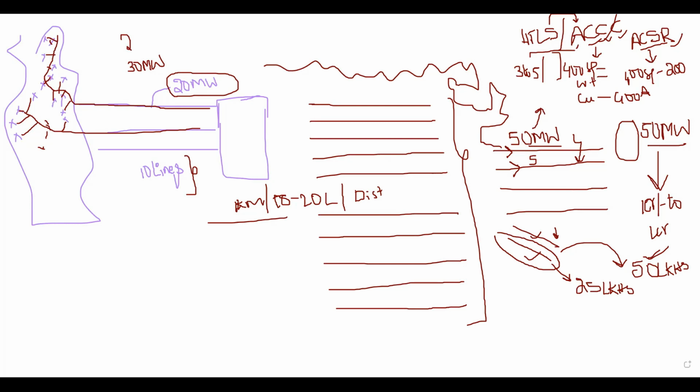So we have done the reliability up to here, and we decided 10 numbers of 33 kV lines, 1, 2, 3, 4, 5. Total 33 kV lines were entering into my substation. Now again I am checking the reliability.